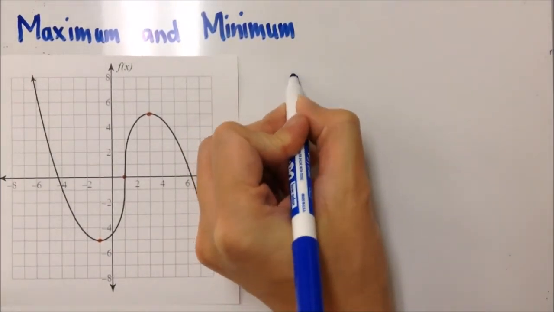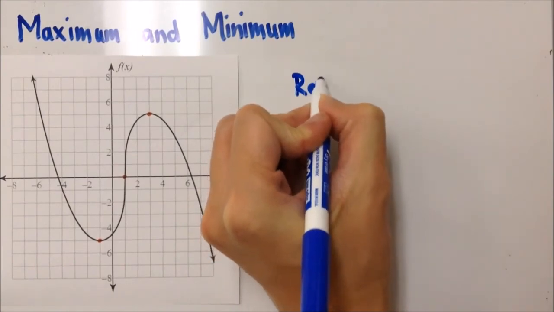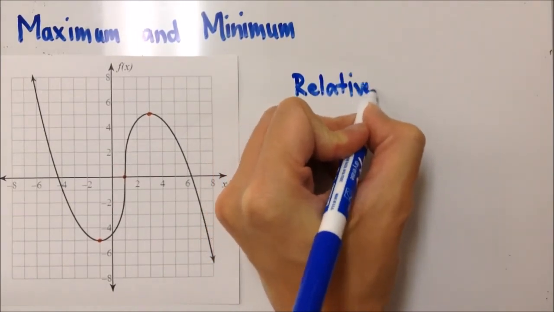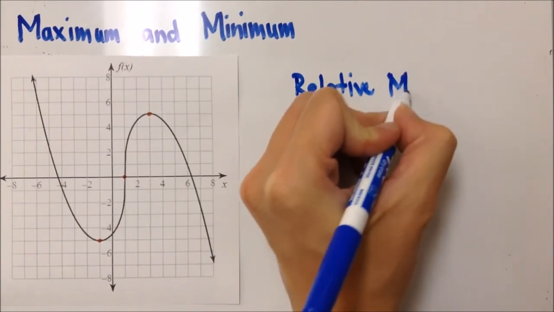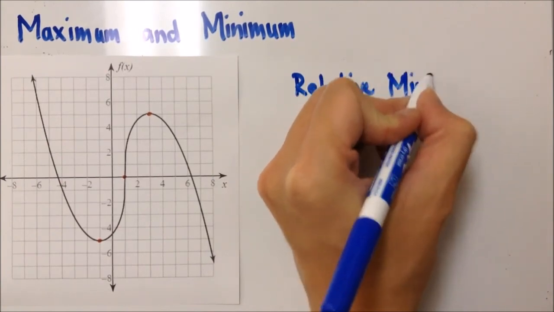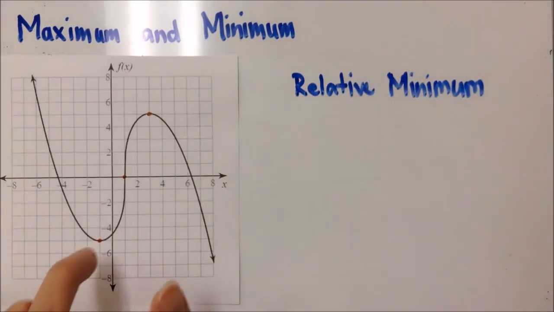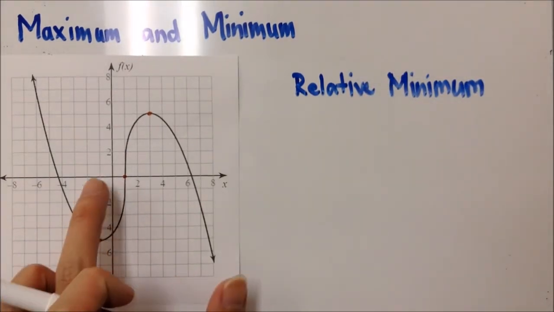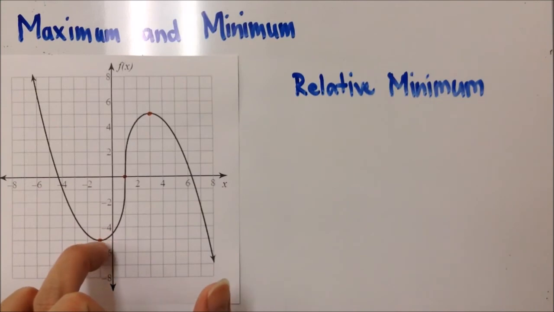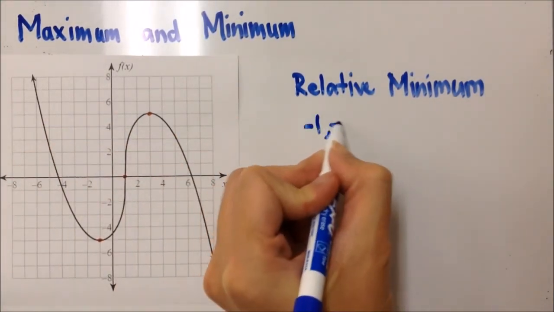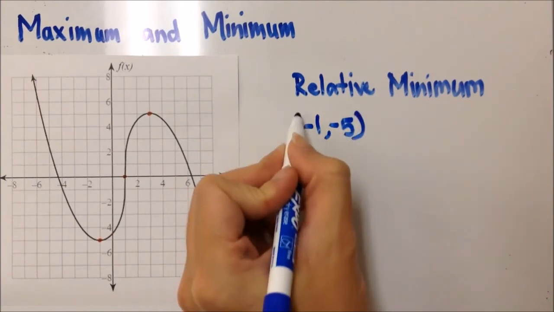So I'm going to write right here, relative minimum. And the coordinate point for it is -1 for x, -5 for y. So -1 and -5. And there we go.